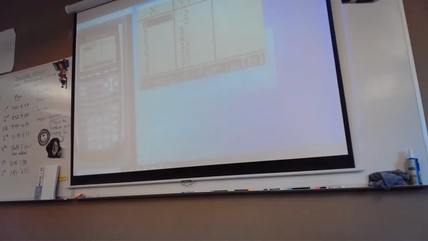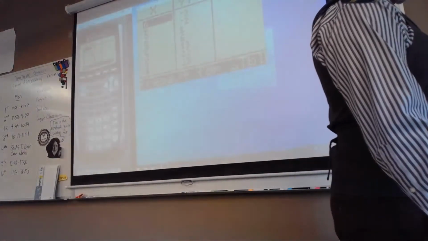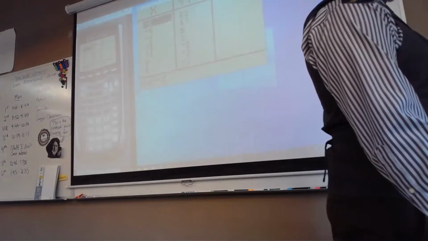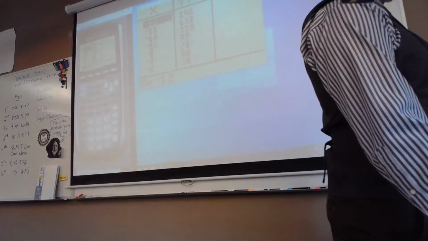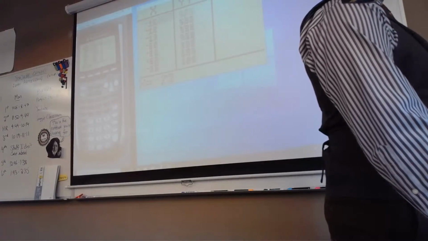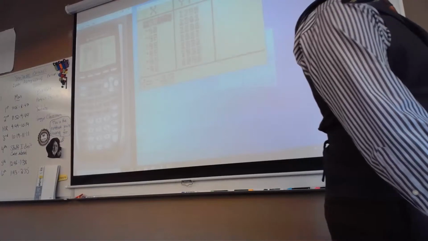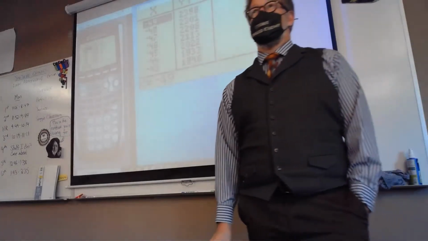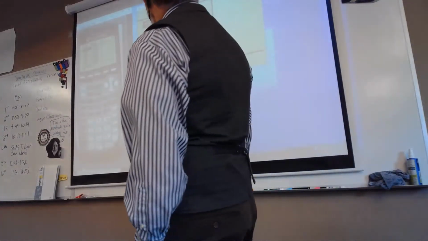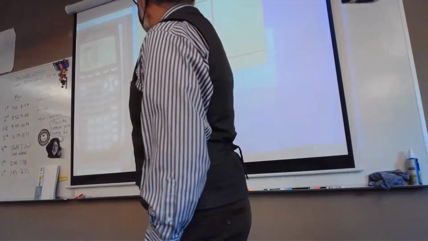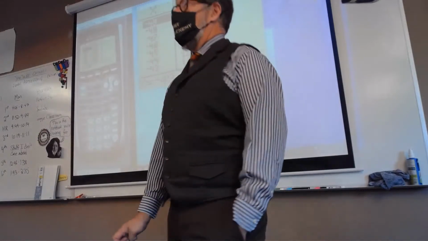Use the up-down arrows to go up and down in your table. So notice that the up and down arrows will take you, look at that, look at all those numbers. How far does it go? Infinity. Well, probably not infinity, to the end of the memory register capacity on your calculator. It does have a finite memory. But yes, it goes up and down for quite a bit.